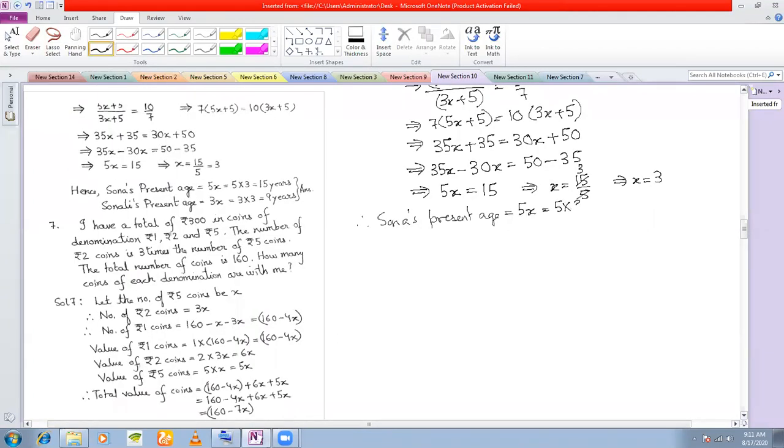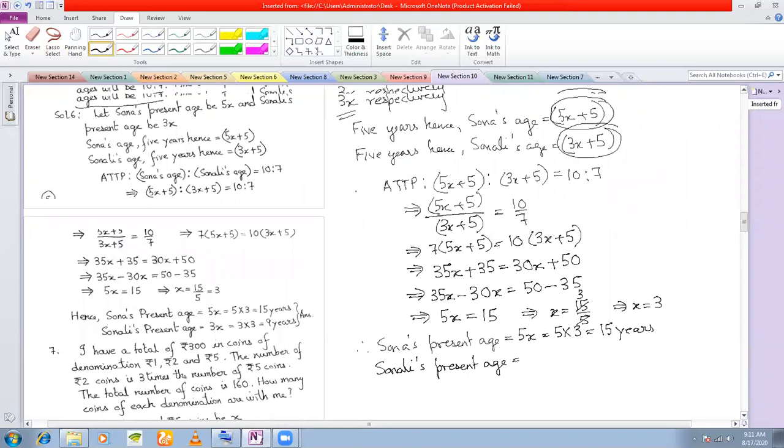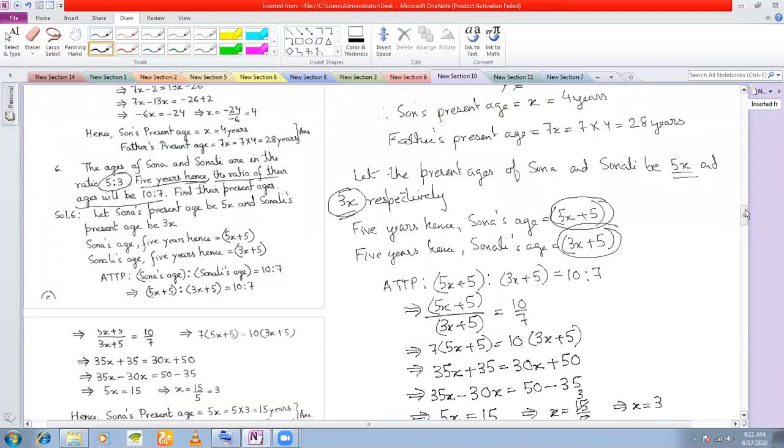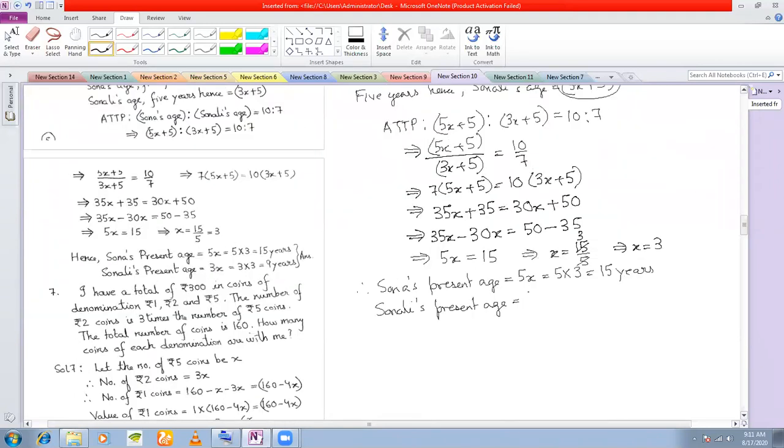Put the value of x, 5 into 3. So it is 15 years. Sonali's age is equal to 3x. Right? So you see here, what is Sonali's age? 3x. 3 into 3. So it's 9 years.